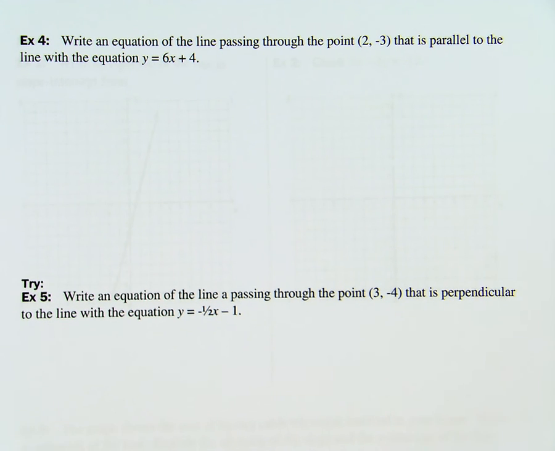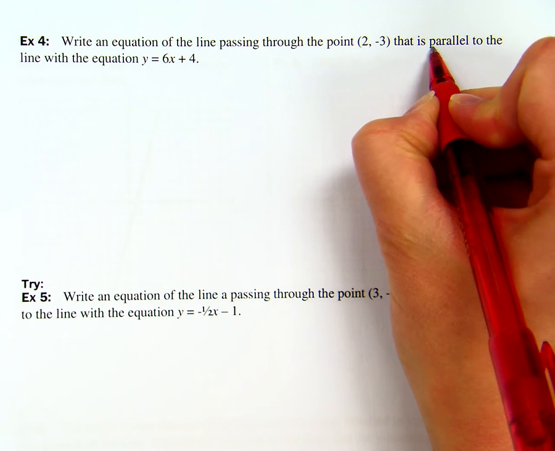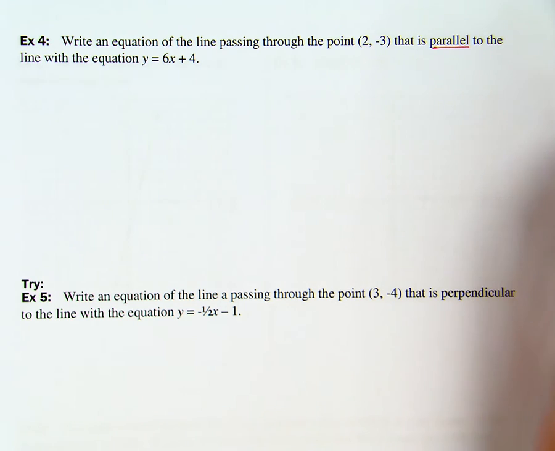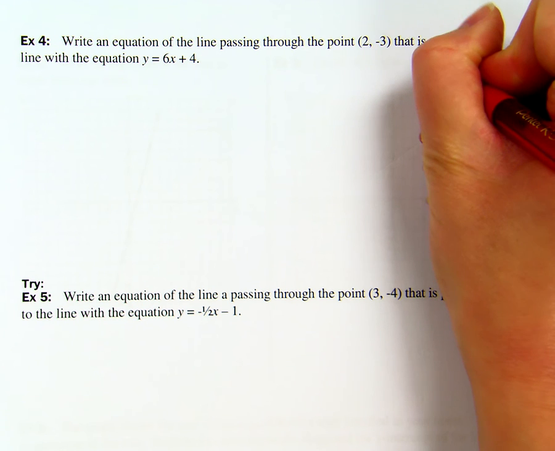Example 4. Write an equation of a line passing through the point (2, -3) that is parallel to the line with the equation y equals 6x plus 4. Now the key word we need to focus on first in this problem is parallel. We have to remember from our last section what it meant for lines to be parallel. In section 4 we found out that parallel lines have equal slopes.